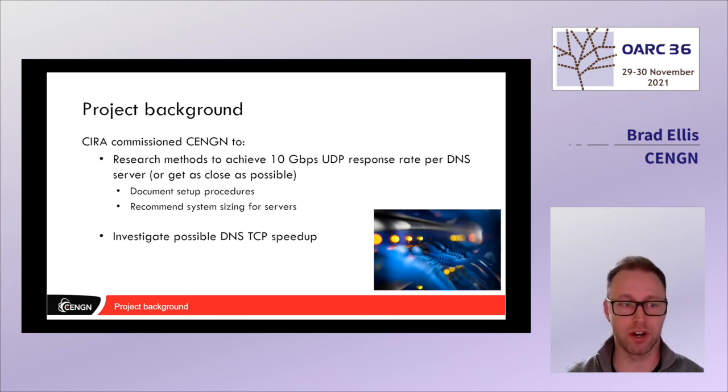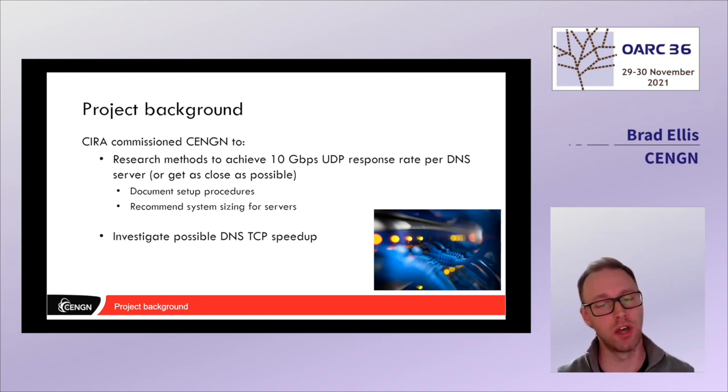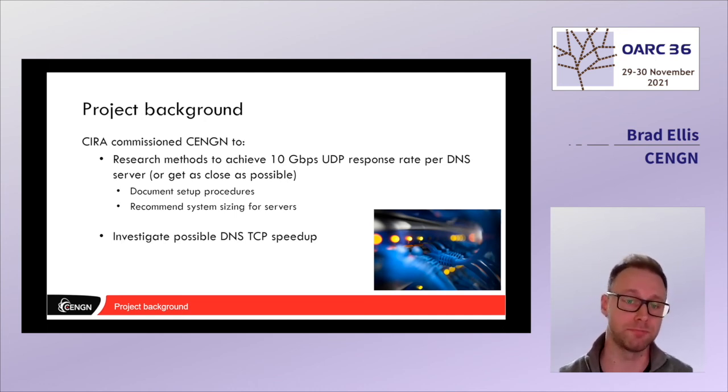Doing that, we'd want to document setup procedures and then ultimately recommend system sizing in order to do that. So if you're going to go and buy new servers, you want to get the cheapest ones or the smallest ones possible to achieve the ultimate goal of line rate UDP responses. In addition, we're going to do what we could to investigate the possible speed up of TCP responses as well.